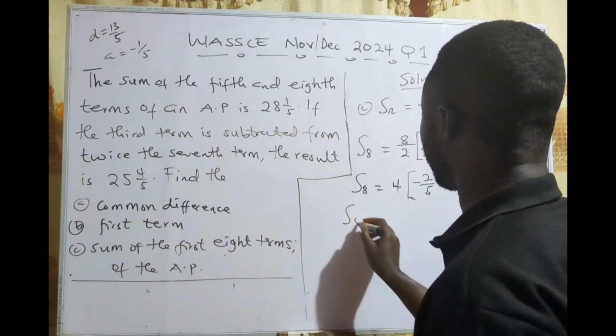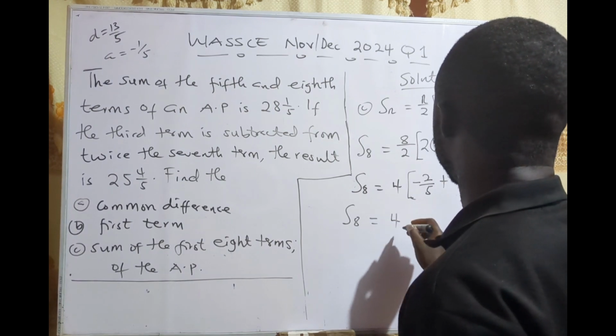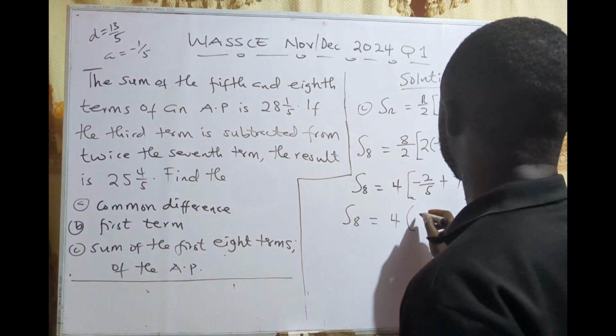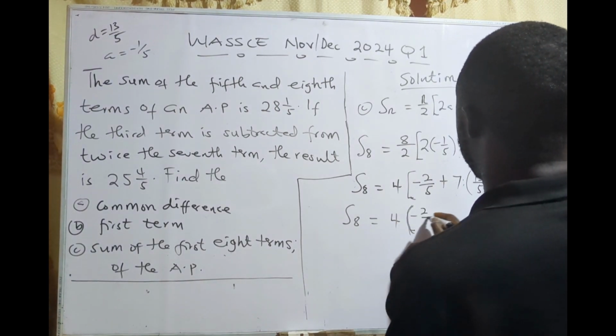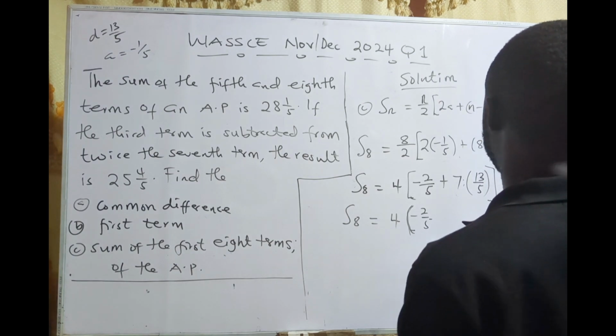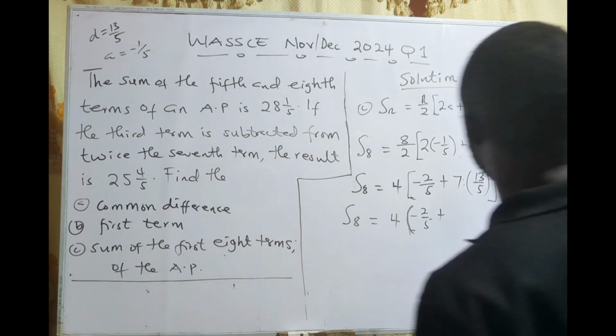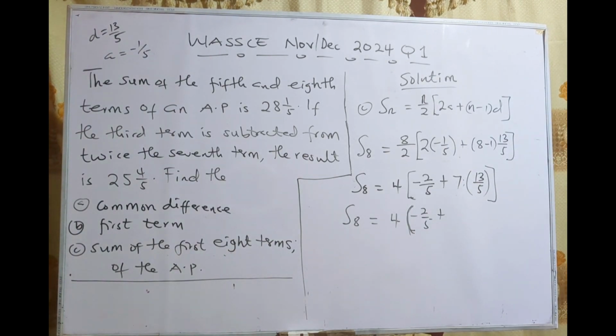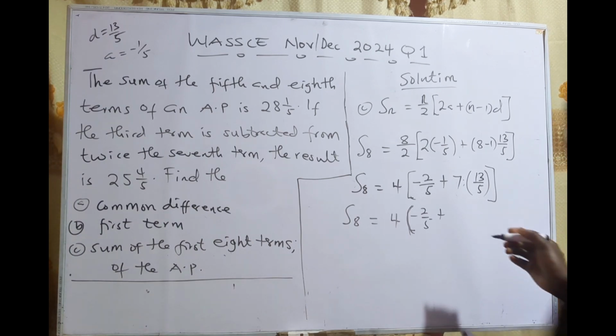So the sum of the first 8 terms is equal to 4 times minus 2 on 5 plus 7 times 13 on 5. 7 times 13 on 5 will give us 91 on 5.